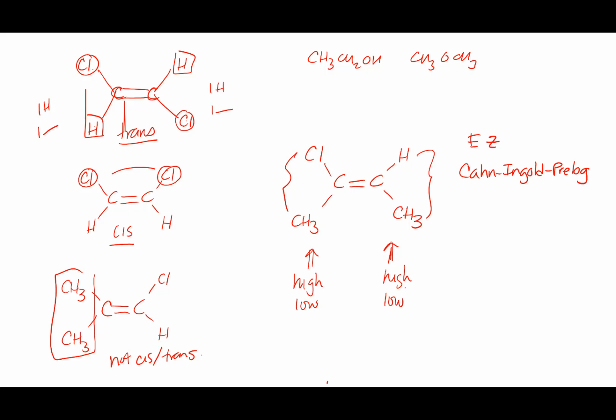And if we end up with both of the high priority groups on the same side, we're going to name it something other than cis or trans. And if we end up with the high priority groups opposite each other, we're going to come up with another term for it, not cis or trans, but something new.